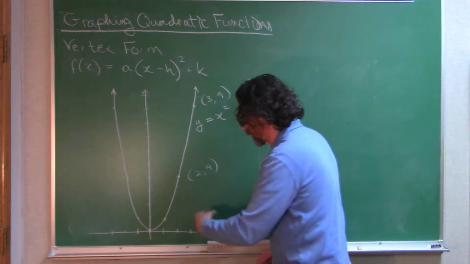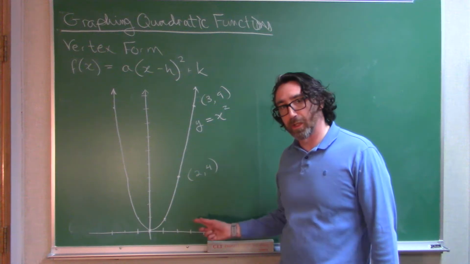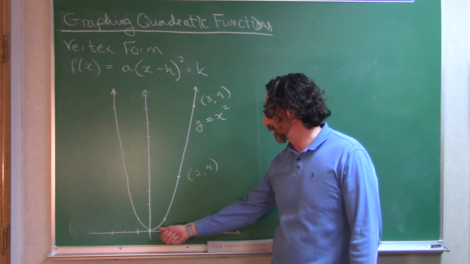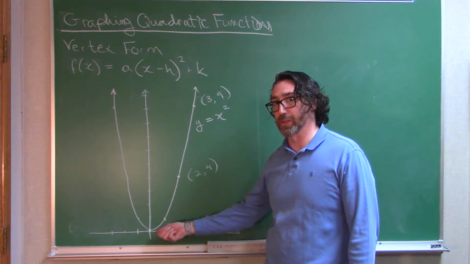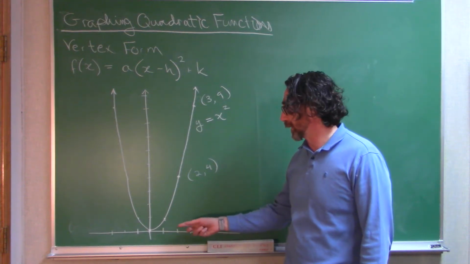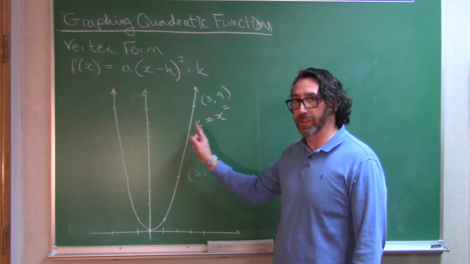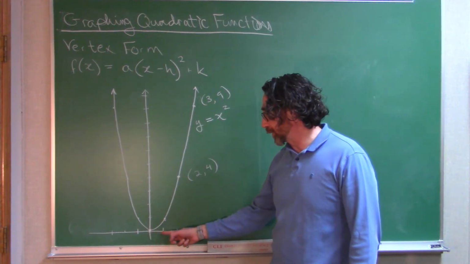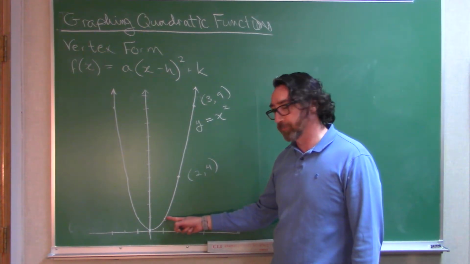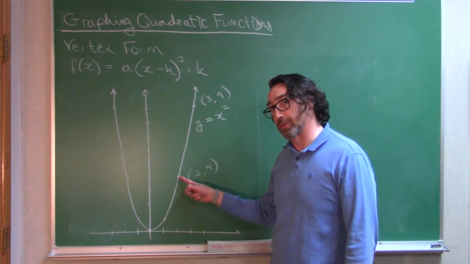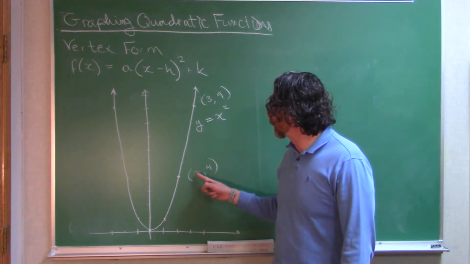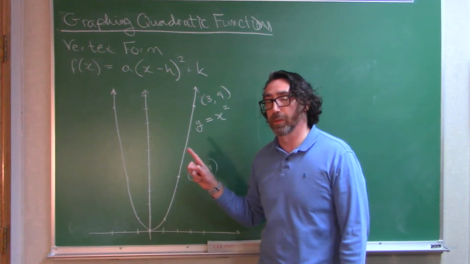Okay, now I want you to notice on this portion of the domain, the function is increasing. The function is increasing on 0 to infinity. And not only is it increasing, it's getting steeper as we go. So 1 unit over, 1 unit up. 1 unit over, 3 units up. 1 unit over, 5 units up.